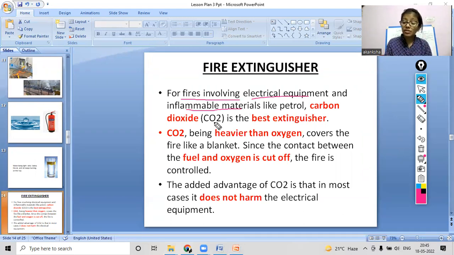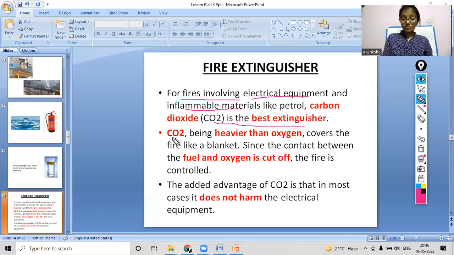Carbon dioxide is the best extinguisher. Why? Because the oils will float above the water and the fire will not be extinguished. In case of electrical appliances, you may get a shock by using water. So that's why we are using carbon dioxide. And carbon dioxide is the best extinguisher for such cases, right?